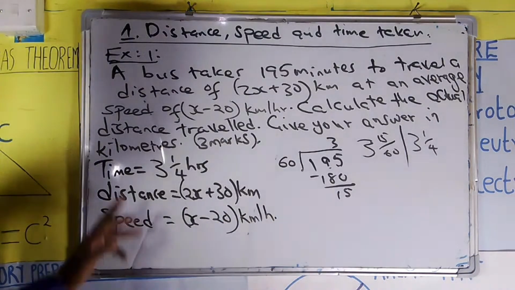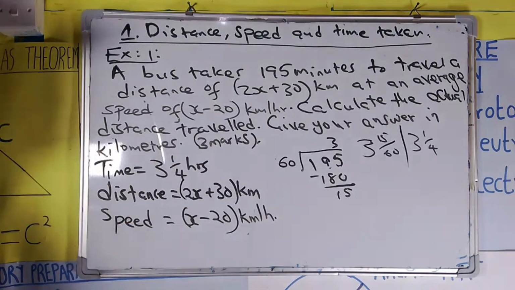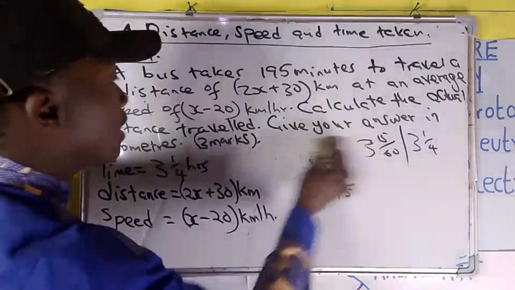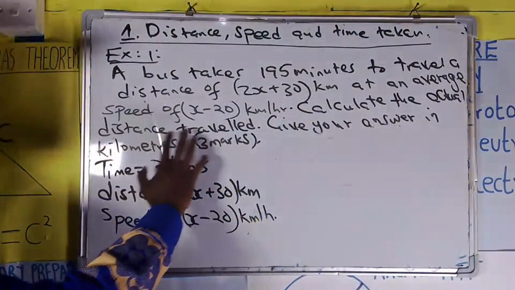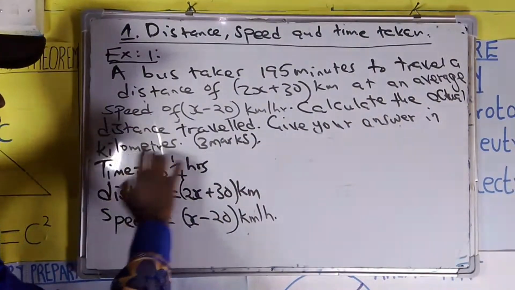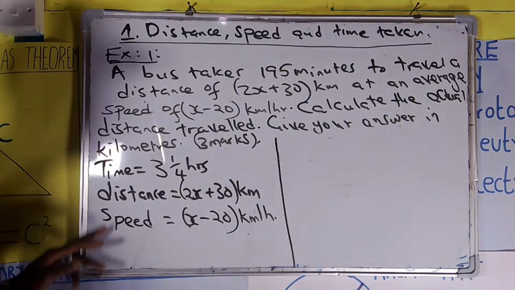So you can see we have time, we have distance, and we have speed. The question asks, calculate the distance traveled. Give your answer in kilometers. So we are supposed to find the distance traveled. How do we find the distance?